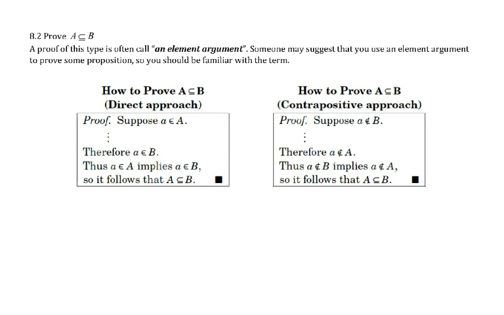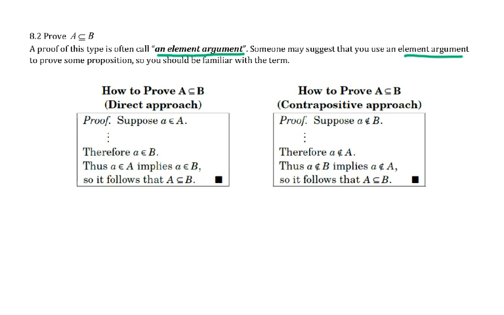Now, if you want to prove that one set is a subset of another, we have two approaches outlined here, and we'll look at a third approach too. These types of proof are often called element arguments. And so you may be in another course when someone gives you a hint of how to prove a proposition. They might say, why don't you try an element argument? So you need to know what that means.